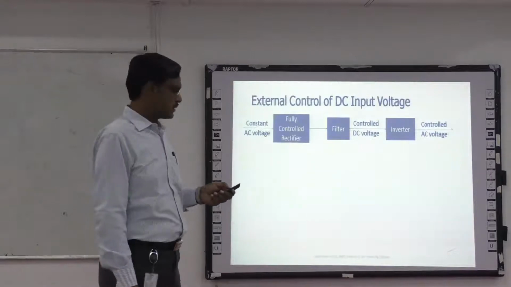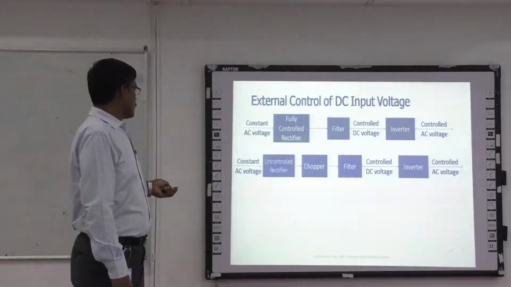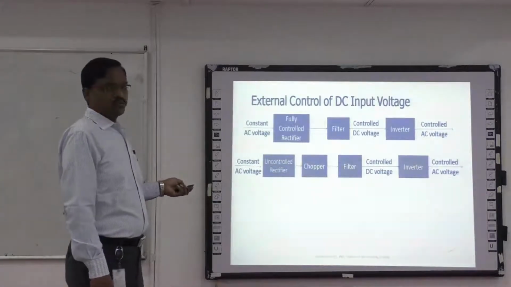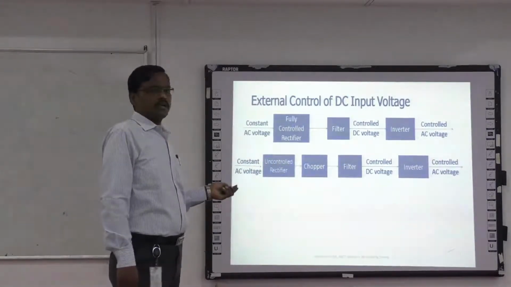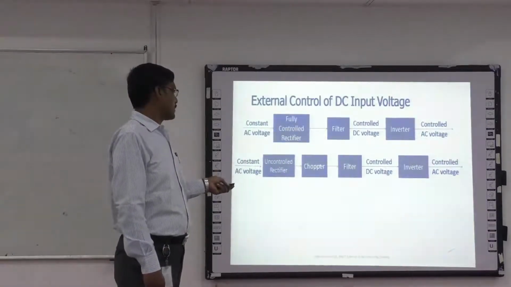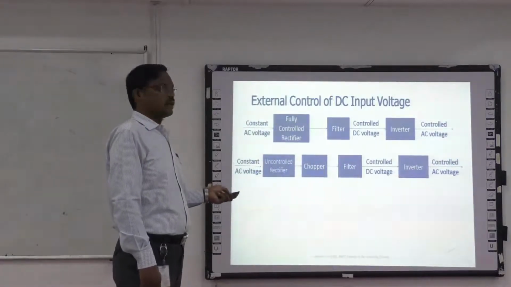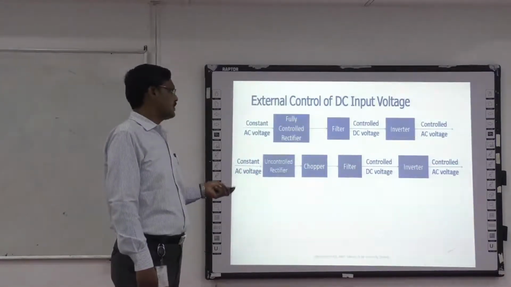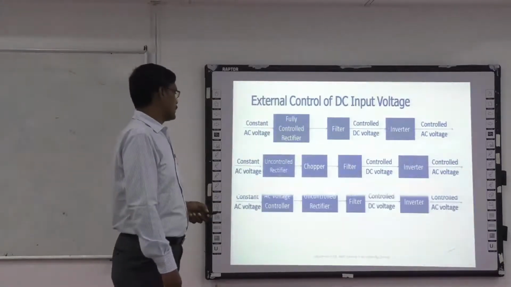This is one method. Another method, if we again have a constant AC voltage, is to use an uncontrolled rectifier. If we use an uncontrolled rectifier, it can be controlled by using an additional chopper. So the uncontrolled DC is converted into controlled DC. This controlled DC is given to the inverter so that we get the controlled AC voltage.